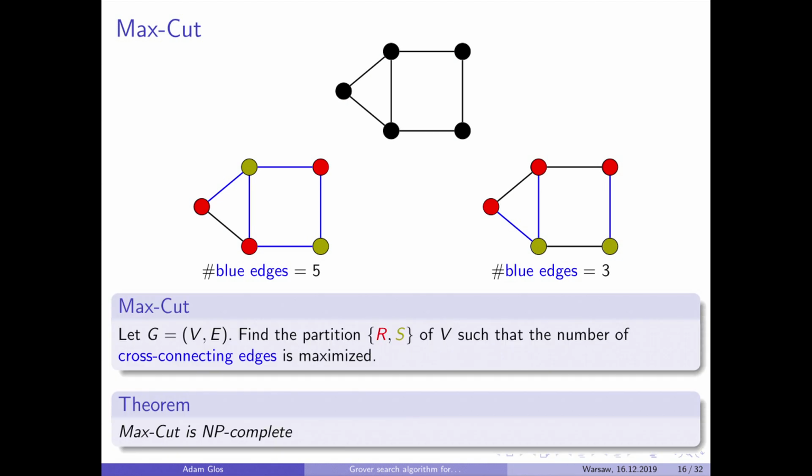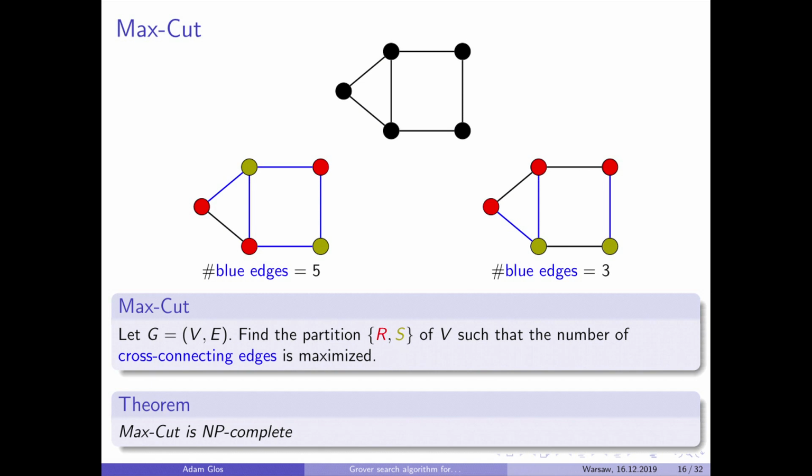So the question is whether we can find how to create a partition such that, for a given graph, we have as many as possible edges that connect vertices with different colors. This is our problem.